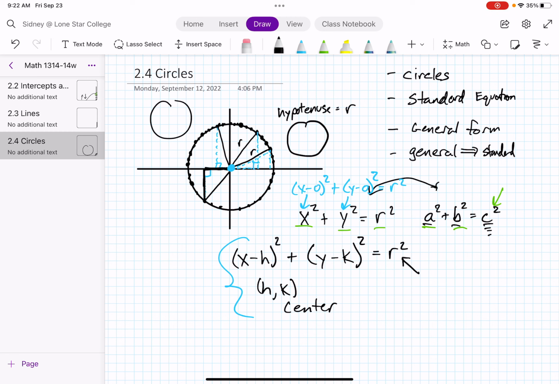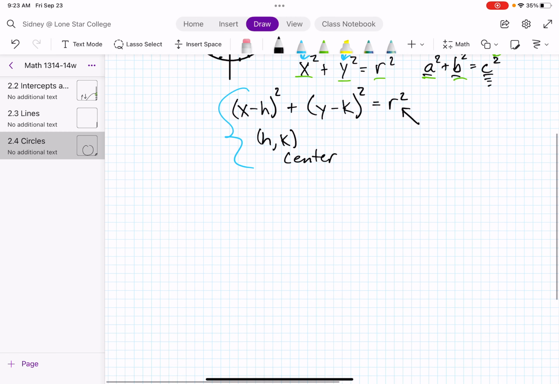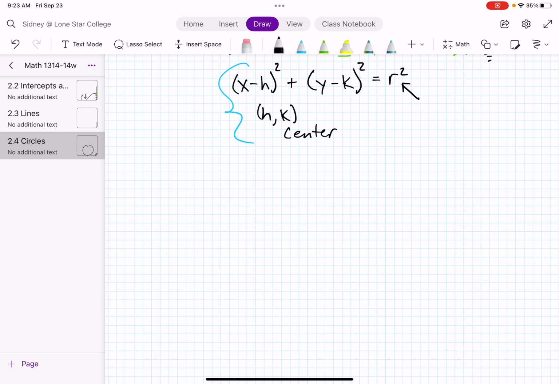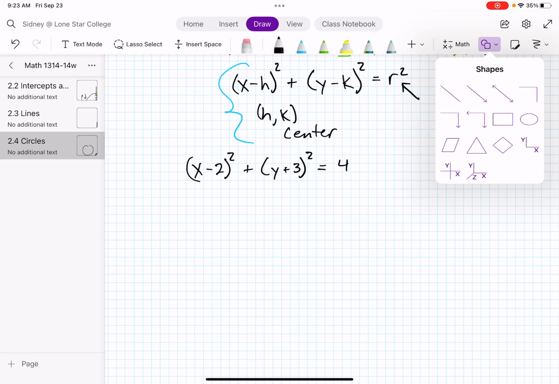So we can move a circle around to different locations, to be centered at different locations, and we can change the size of the radius. So for an example, if I have x minus 2 squared plus y plus 3 squared equals 4, what does that circle look like when we graph it?